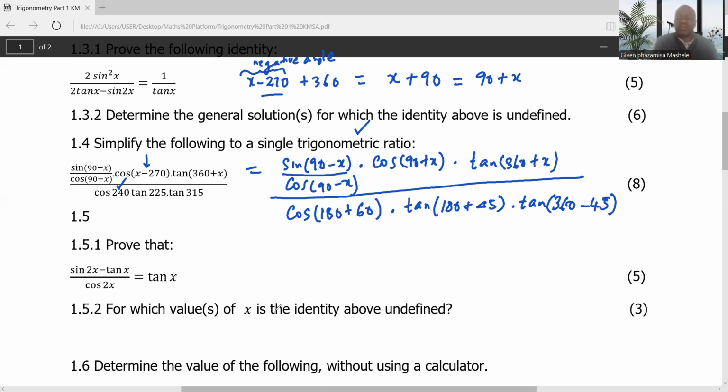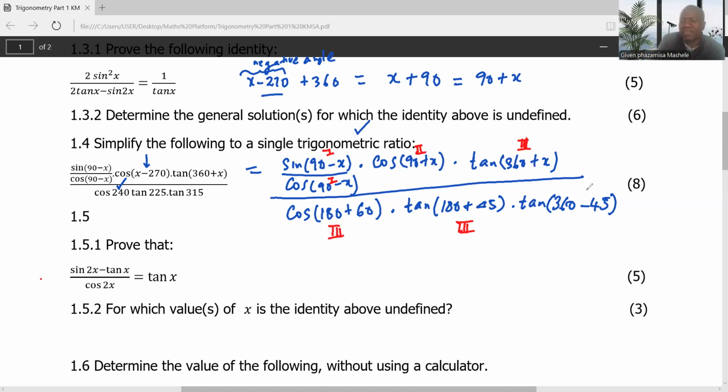So now, since we have rearranged everything to be in a reduction formula, we need to identify in which quadrant they fall. 90 minus an angle is in the first quadrant. 90 plus an angle is in the second quadrant. 360 plus is in the first quadrant. 180 plus is in the third quadrant. 180 plus also is in the third quadrant.